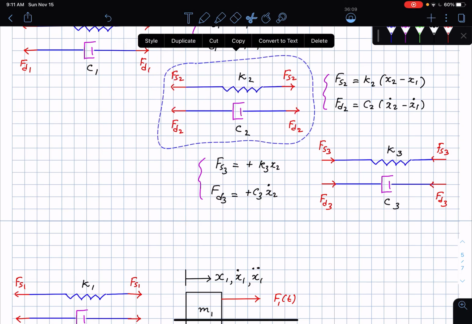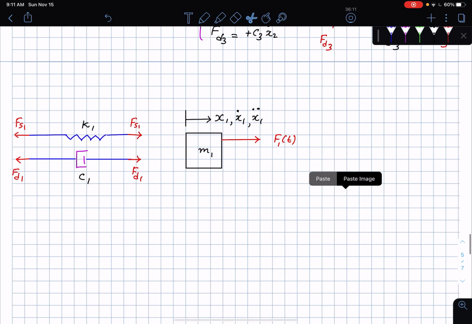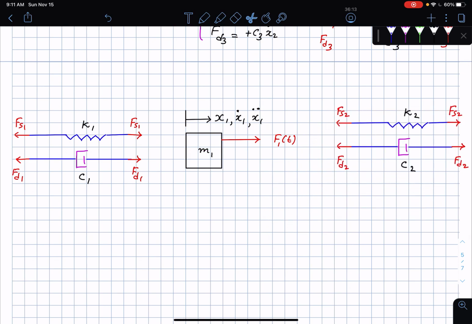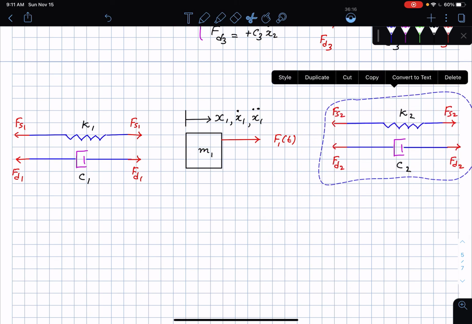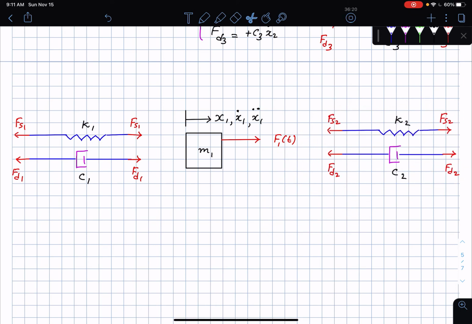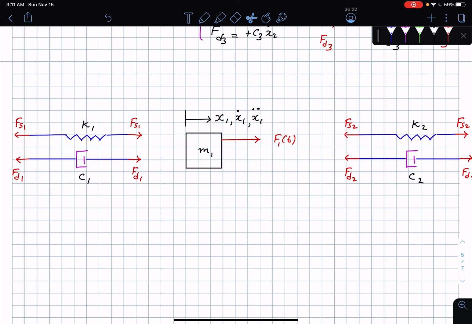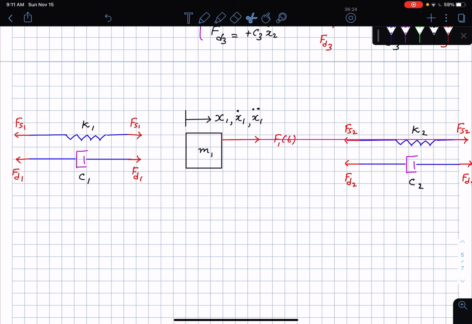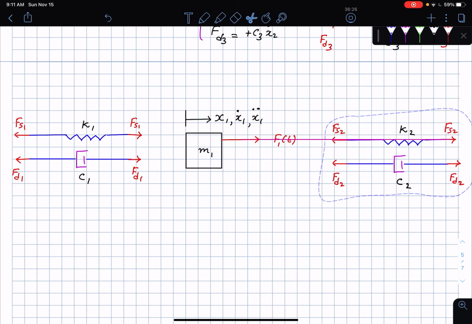Copy that, and I'm going to bring that down here, so that we can see all the forces that are acting on the mass. Make sure that this is aligned with the springs that I'm seeing. Okay, that's good enough.